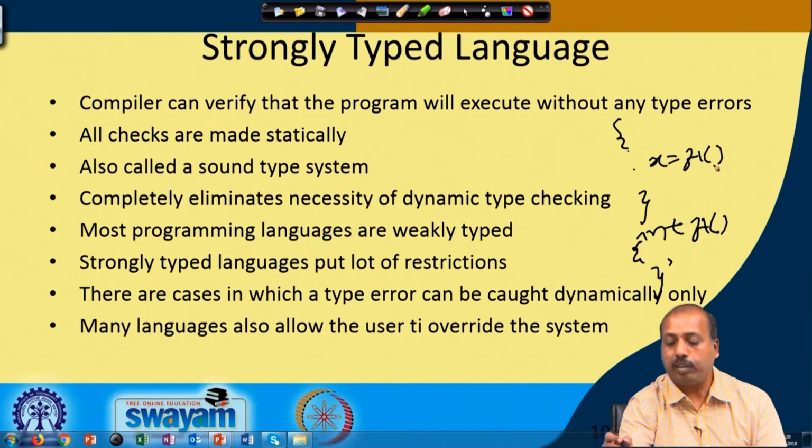Then at this point the compiler has not seen the type of f1. So, it becomes difficult, because what is the type of f1?